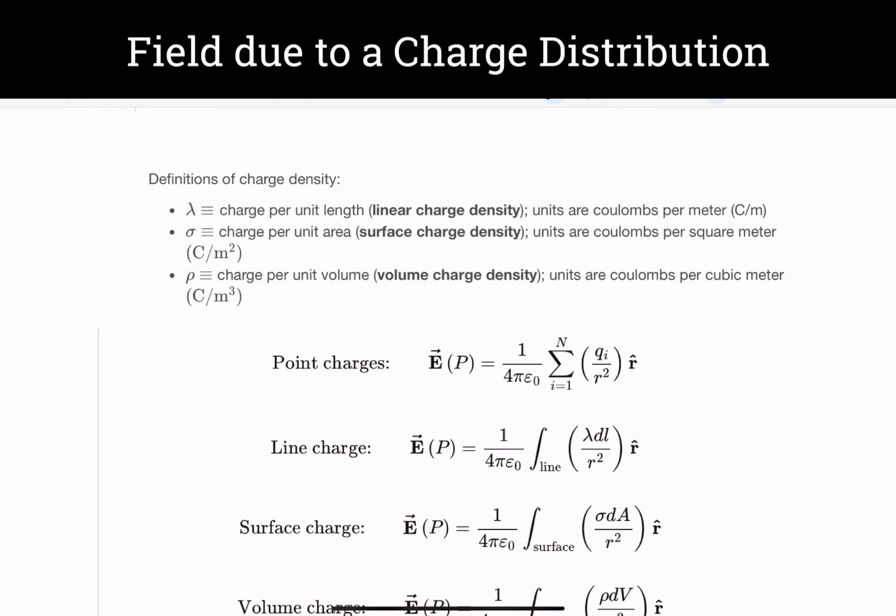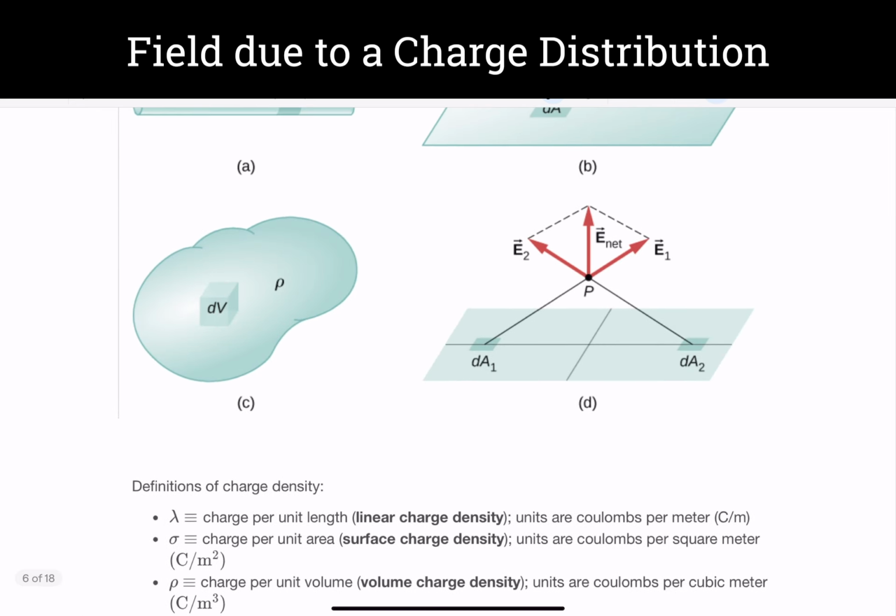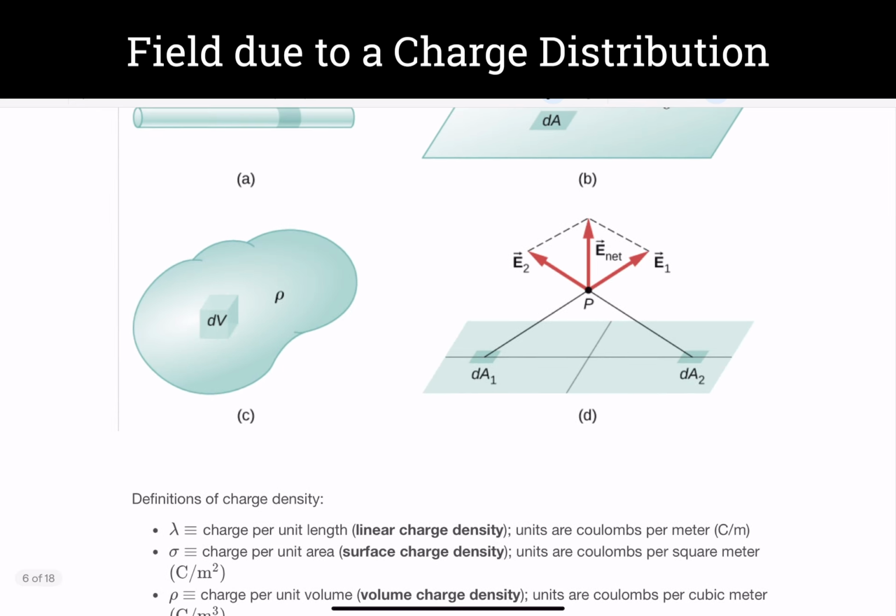Now, after having defined these three, we could find the electric field at any point P, for example, due to a thin sheet of chalk. So for that, we have to use calculus. We have to imagine that the surface is divided into small sections, as you can see.